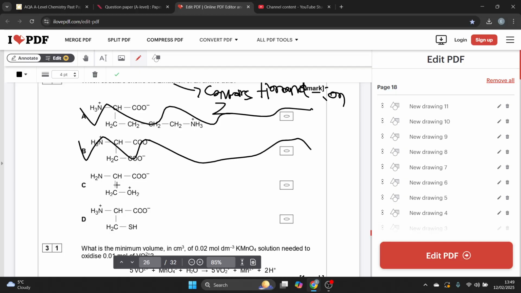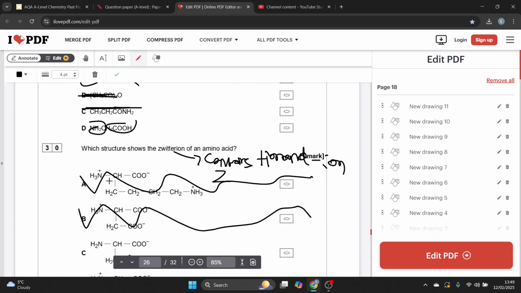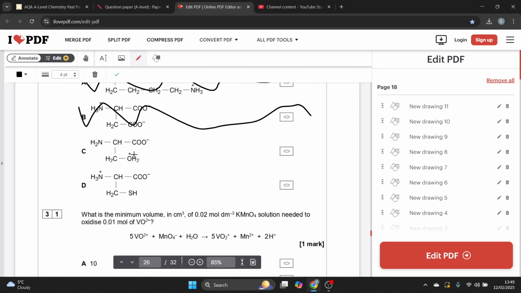I can only have 2 charges. I'm left with C and D. Well, the answer is going to be D. Because this remains unchanged. I can't have the group here with the positive charge. Therefore, the answer must be D.